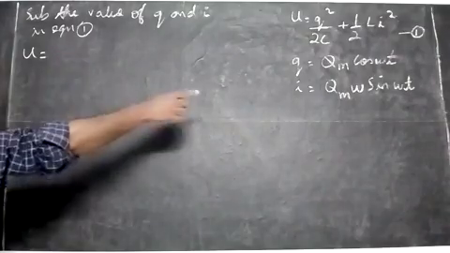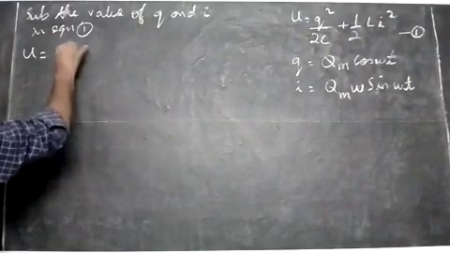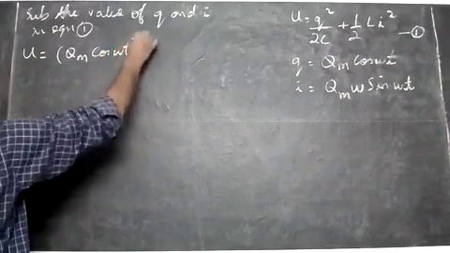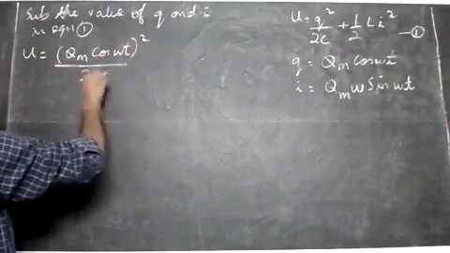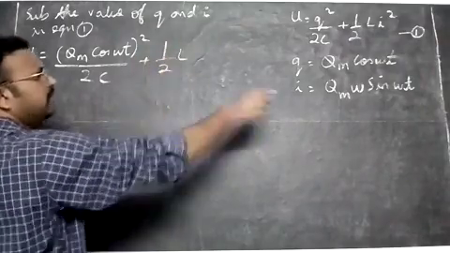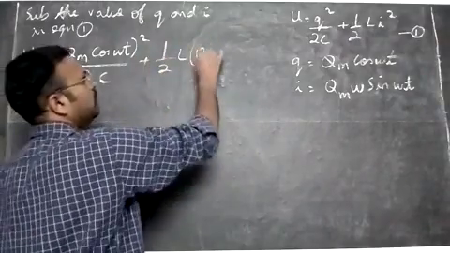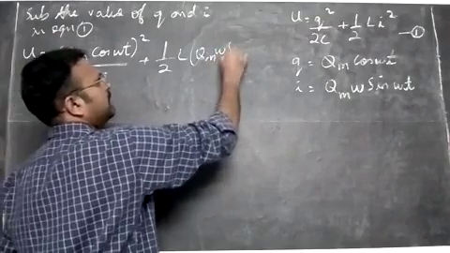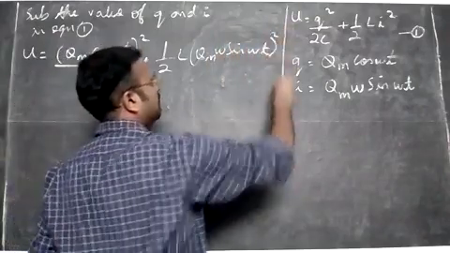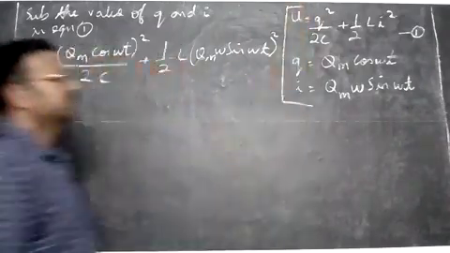So instead of q, you write Qm cos omega t the whole square divided by 2C, and then plus half into L into, instead of I, you write this term, that is Qm omega sin omega t the whole square. Let's do rough work on the side.